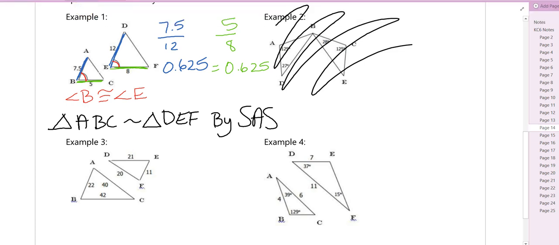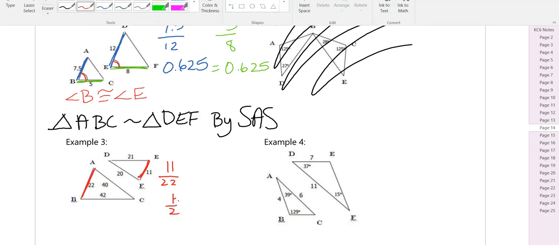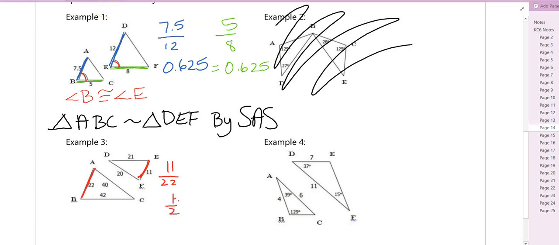So I'm going to find my smallest side here. My smallest side of triangle DEF is 11. So 11 over my smallest side on triangle ABC, which would be 22. 11 over 22 simplifies to 1/2. And then I'm going to find that middle side.